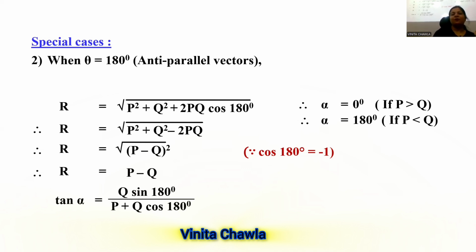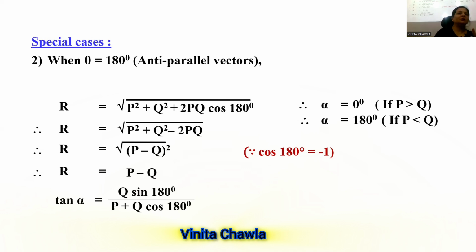We had taken cos 180 degree and sin 180 degree, right? There is no problem in this. Now our tan alpha will come out to be 0, because sin 180 is 0. Tan alpha is 0 at alpha equals 0 degree. It is 0 at alpha equals 180 degree as well.